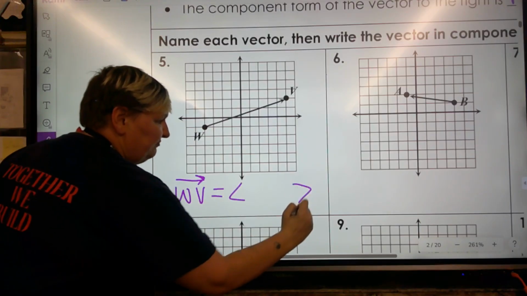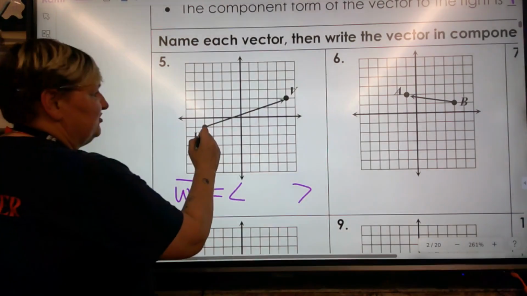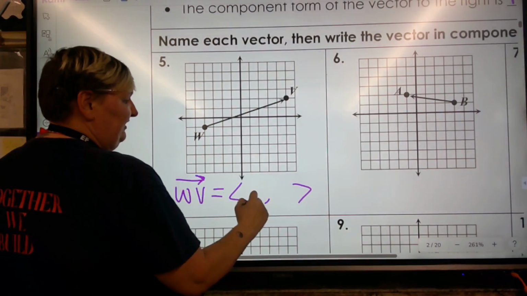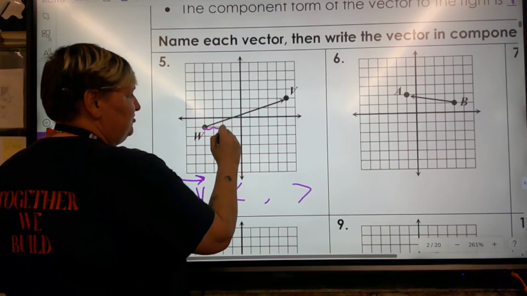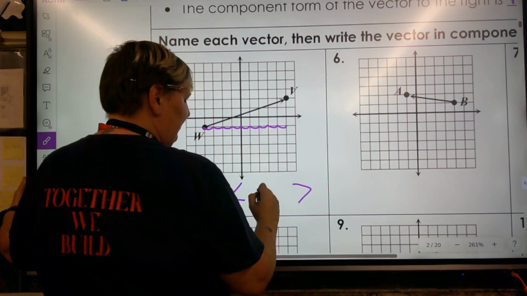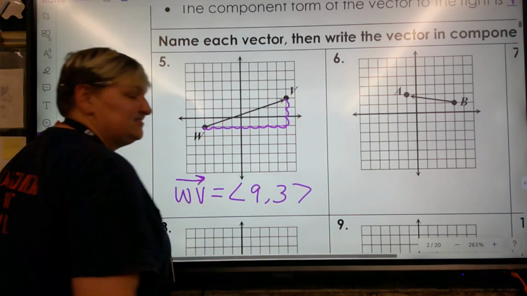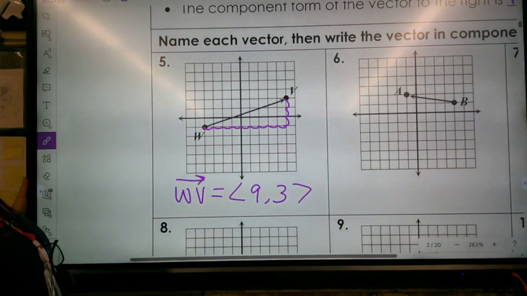And then we're going to give the component in vector form, right? So I go how many to the right or left? I go 1, 2, 3, 4, 5, 6, 7, 8, 9 to the right, and 1, 2, 3 up. That's it. That's all you have to do.